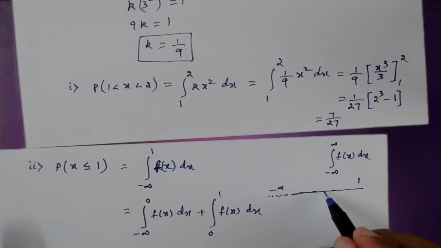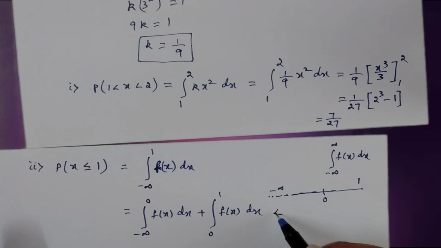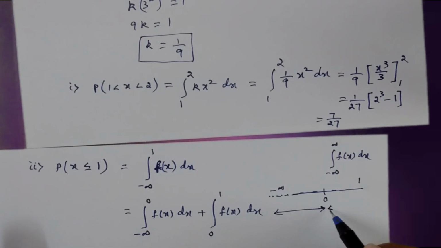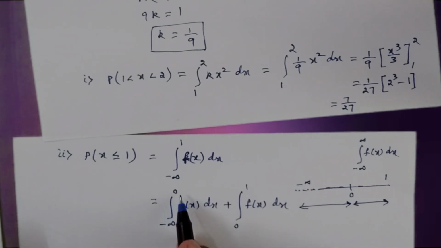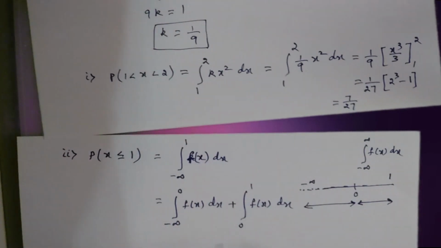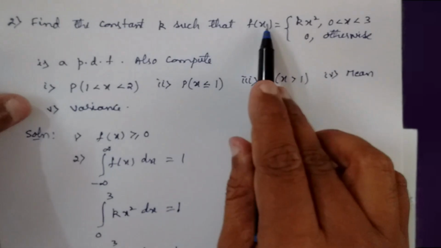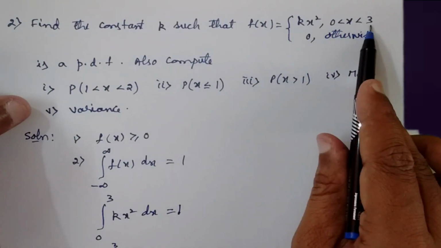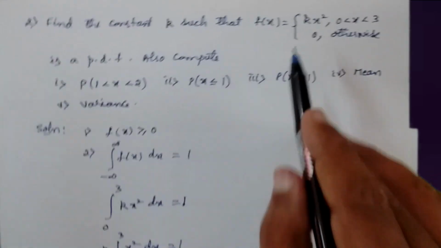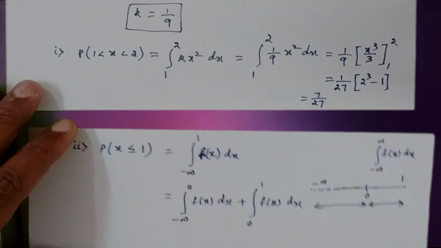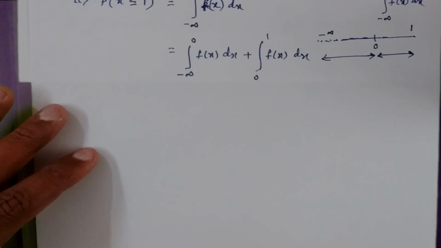Alright, which means I am just dividing, taking from minus infinity to 0, and again from 0 to 1. But from minus infinity to 0, its value is given as 0. You can see over here in the question f of x is defined only for 0 to 3. For all other values, the value of f of x is 0. So therefore this particular value we will take as 0.